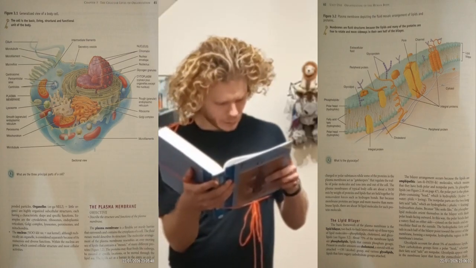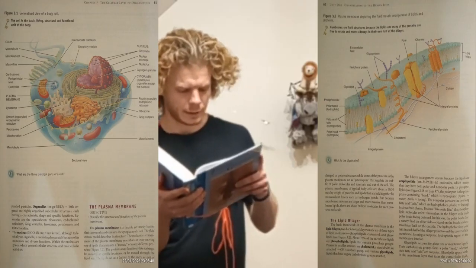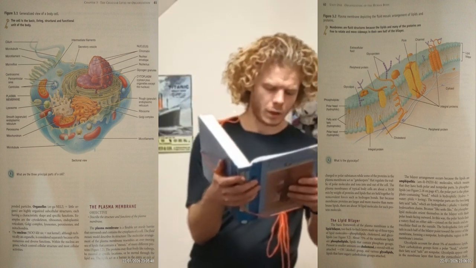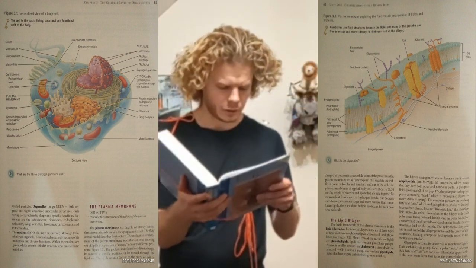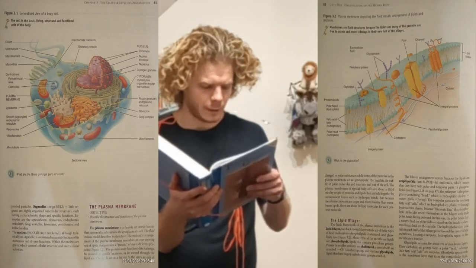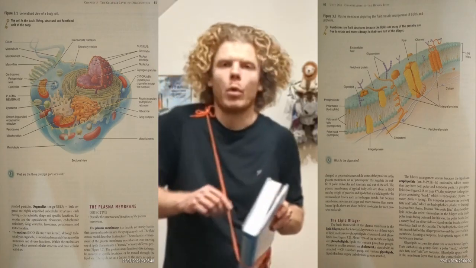About 75% of the membrane lipids are phospholipids, lipids that contain phosphate groups. Present in small amounts are cholesterol, a steroid with an attached OH, an alcohol group, and various glycolipids, lipids that have sugar carbohydrate groups attached. Okay, there are more things.